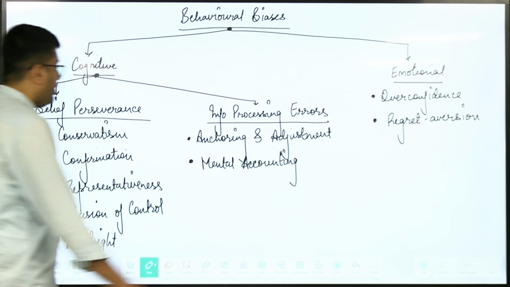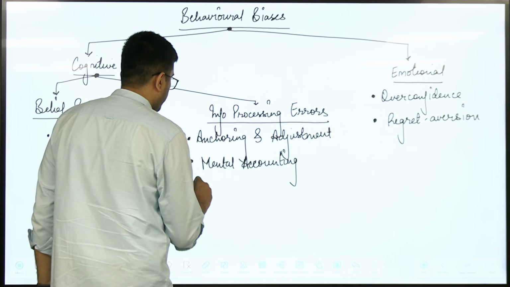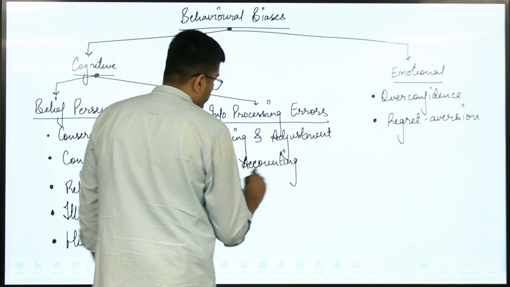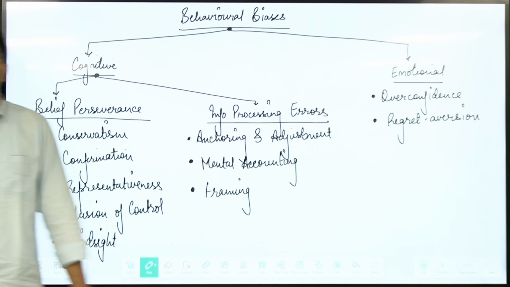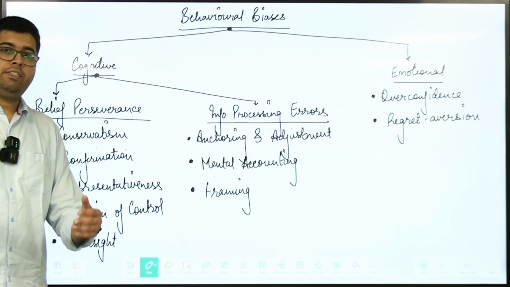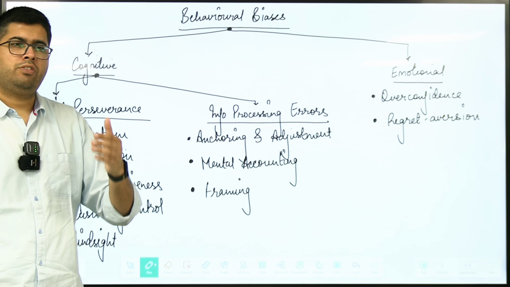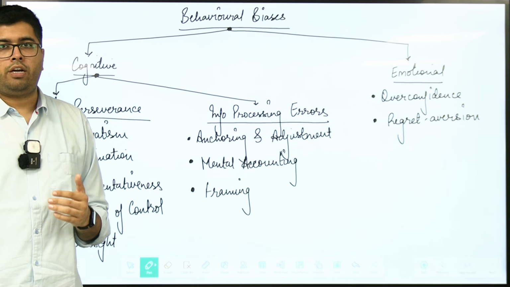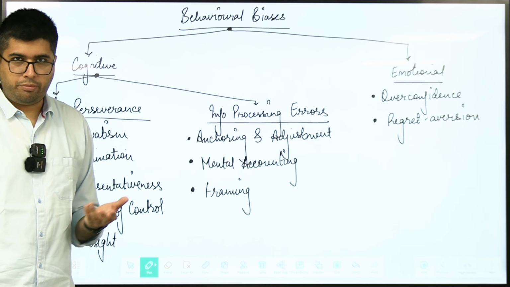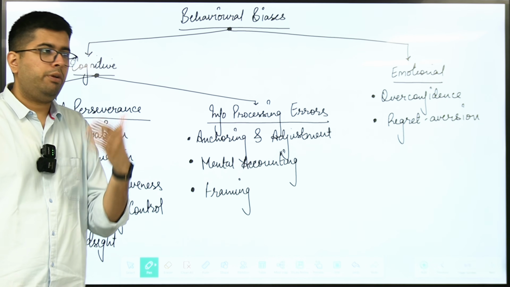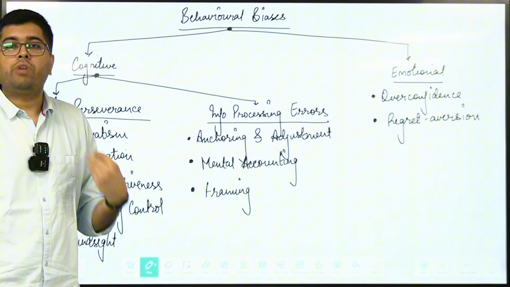Then we have framing bias. Framing bias is being influenced by how the information is presented to me. So if I say inflation is 8%, it seems very high. But if I say inflation is just 1% over the target, then 8% may not seem so bad. If a country has a 7% inflation target and they say inflation is just 1% above target, it doesn't look as bad.